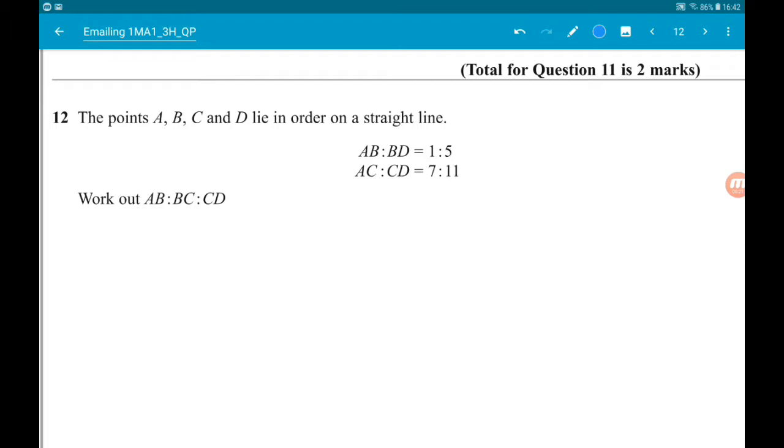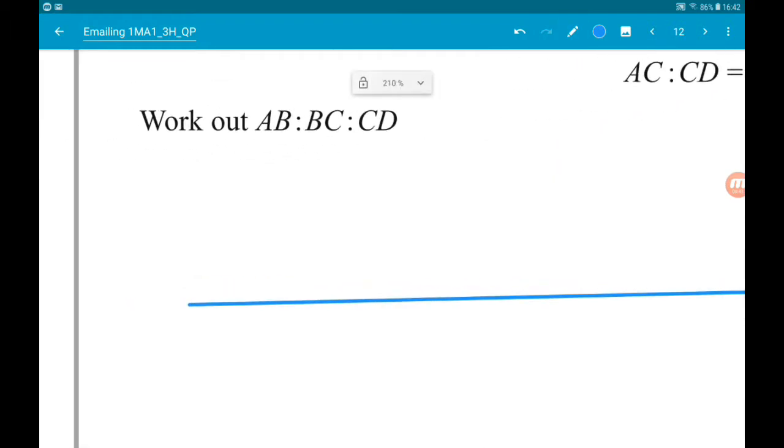Okay, so first up, let's draw a straight line. Now we know that A is at one end and D is at the other.